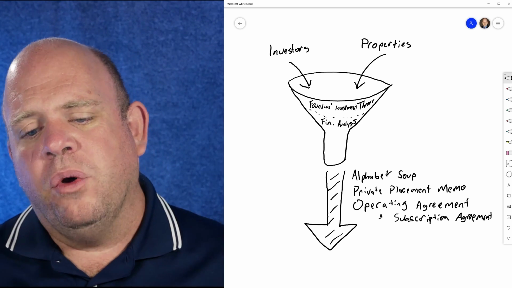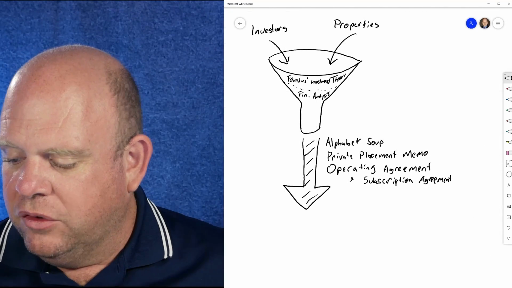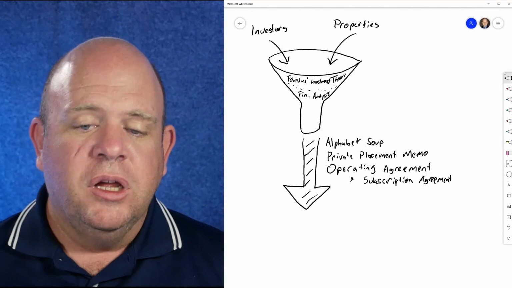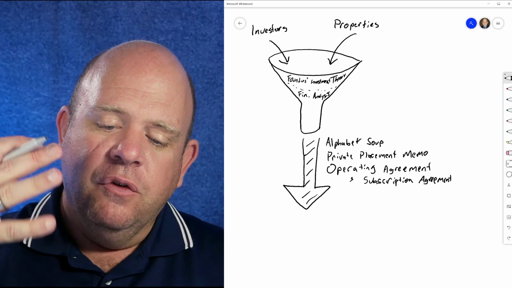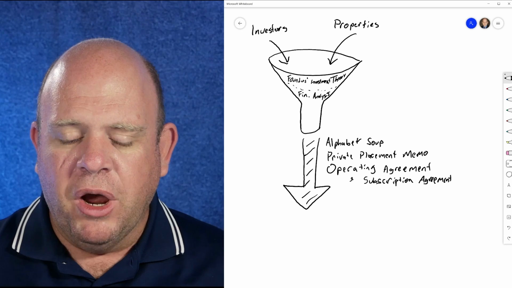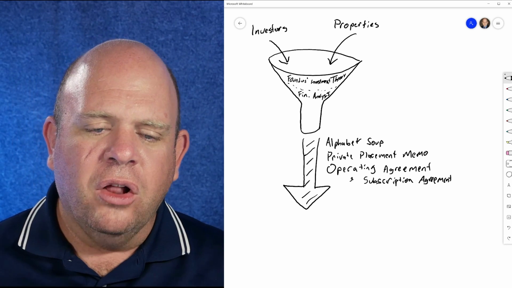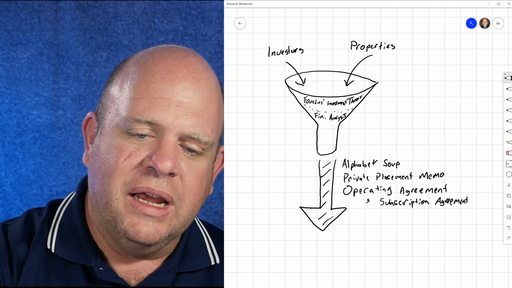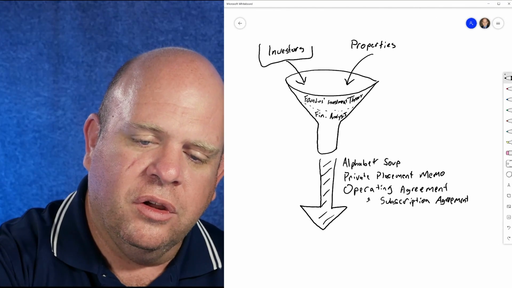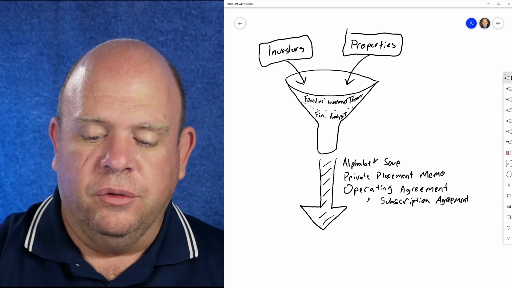And those form the basis on how we're able to do what we're going to be doing. So that's great. You've now found the property, you've filtered it through, and now you've gotten your private placement memorandum, your operating agreement, your subscription agreement. All is good. You've identified some investors, and the property's already been chosen, right?